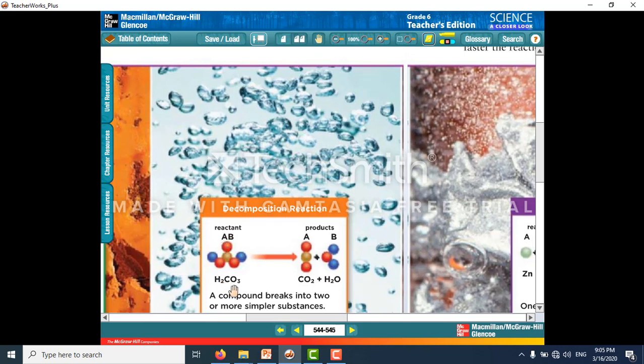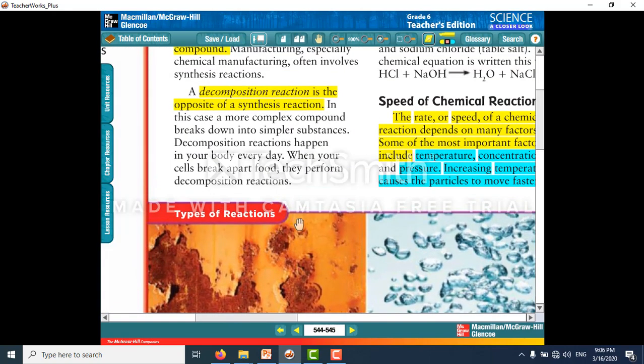This is a compound, it breaks down into 2 simpler substances, A plus B. Here H2CO3 breaks down to CO2 and H2O. So in a decomposition reaction, a complex compound breaks down into simpler substances. Decomposition reactions happen in your body every day. When your cells break apart food, they perform decomposition reactions.